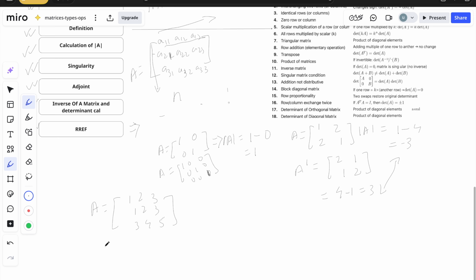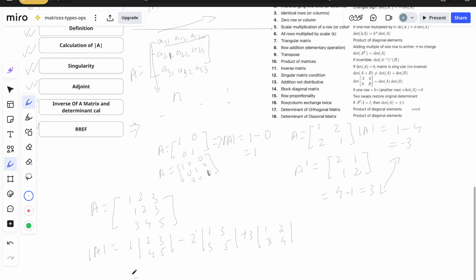So let's try and calculate that. So determinant of A would be 1 times the determinant of 2 3 4 5, minus 2 times the determinant of 1 3 3 5, and then again plus 3 times the determinant of 1 2 3 4, right?